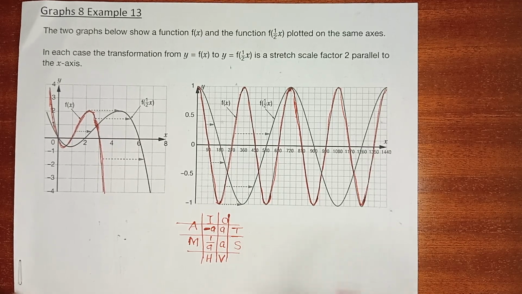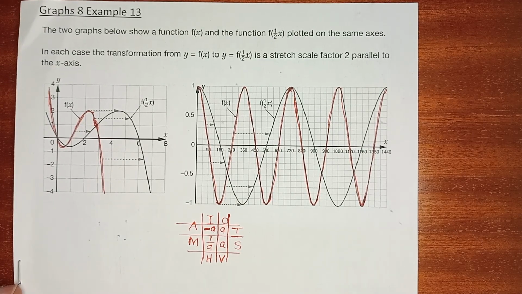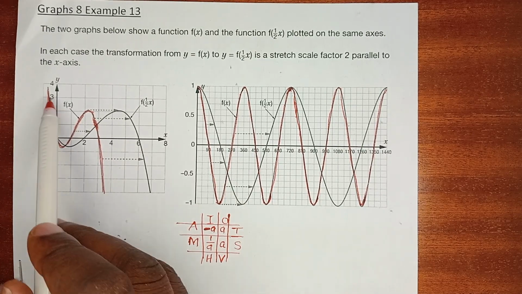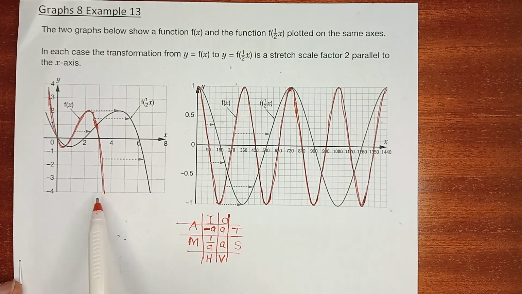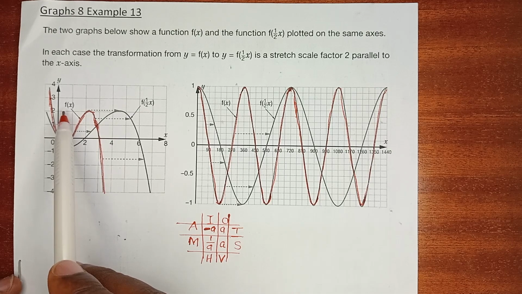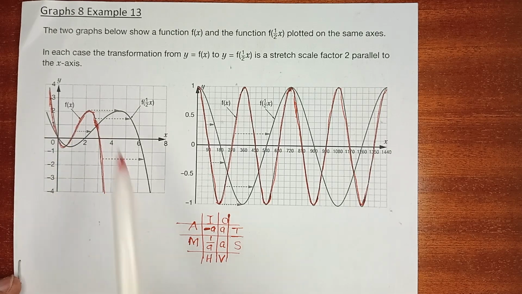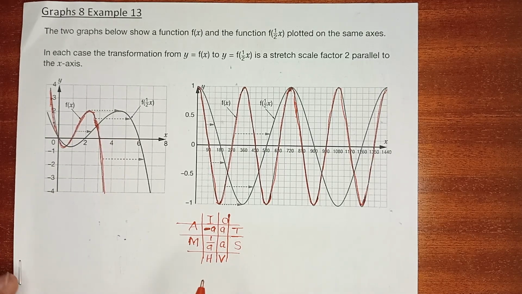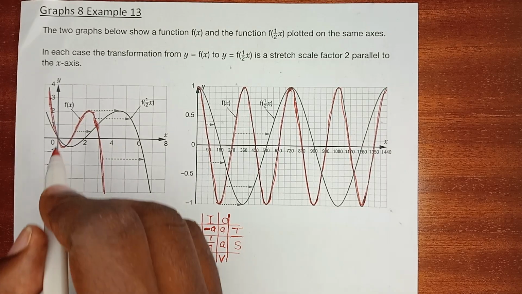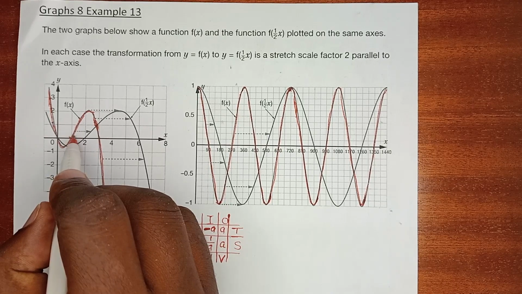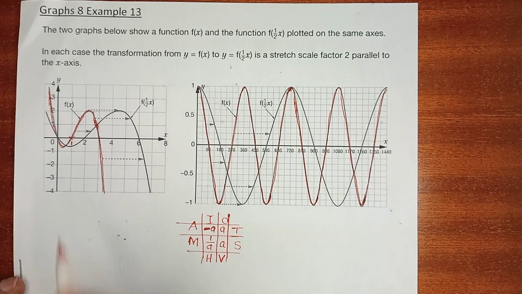All these a's are parameters of transformation. We will explain how. As you can see, and what has been said, the red graph, or the graph drawn using red, is the original graph, y = f(x). And I would want us to just highlight one point, for example this point, x is 1.